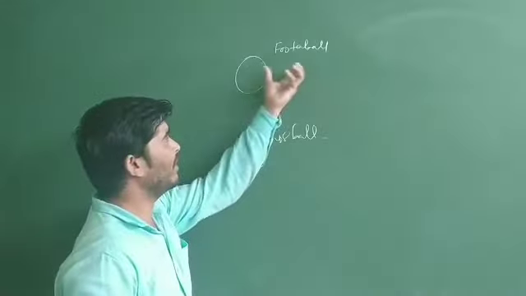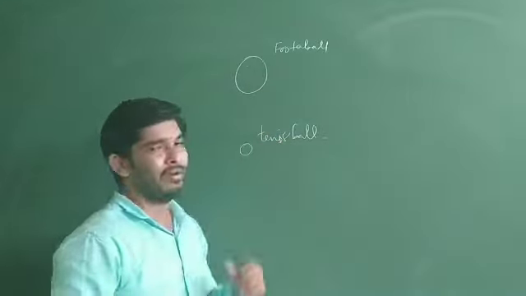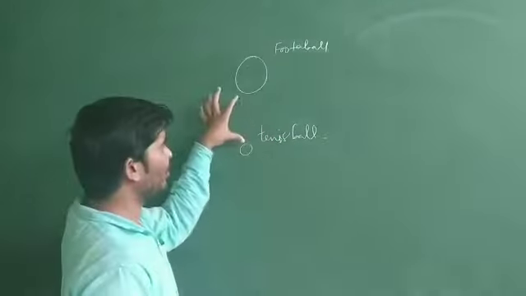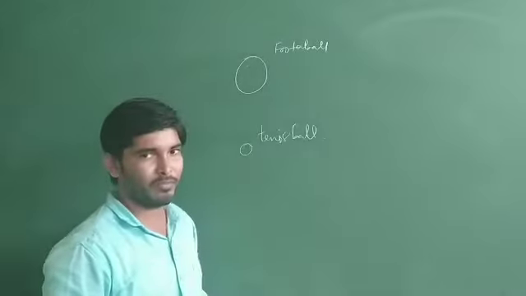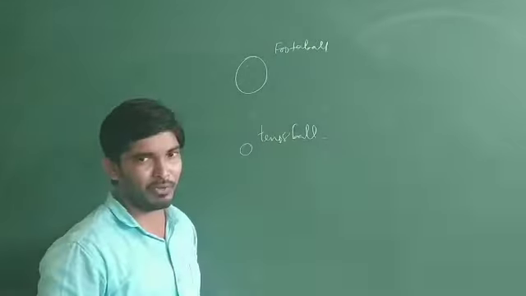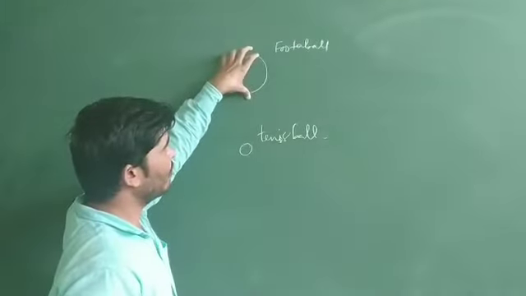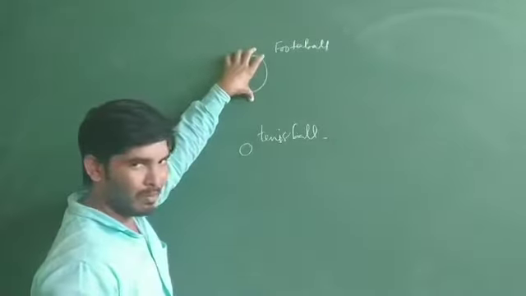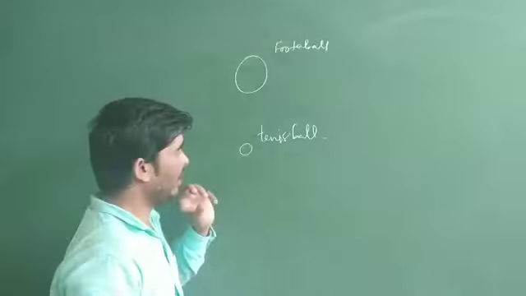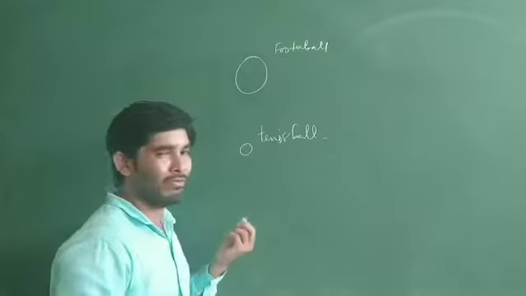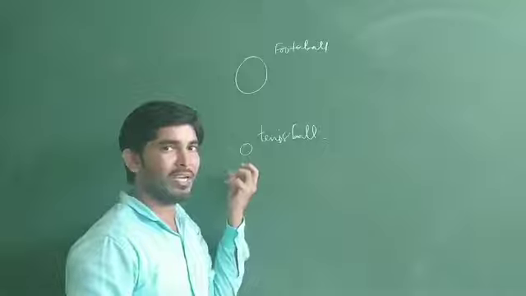The football has a larger mass compared to the tennis ball. So if you want to produce the same acceleration in these two bodies in the same interval of time, we need to apply a large amount of force on the football because of its larger mass, and less force on the tennis ball because of its smaller mass.